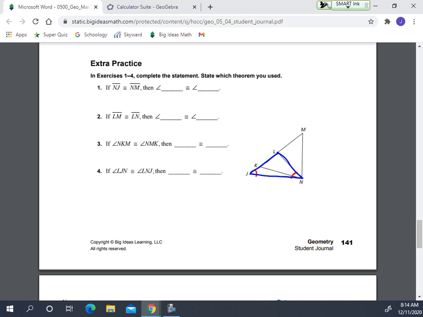And we're using the same thing, right? Converse to the base angle theorem. I just abbreviated. Well, then what sides do we know are congruent?